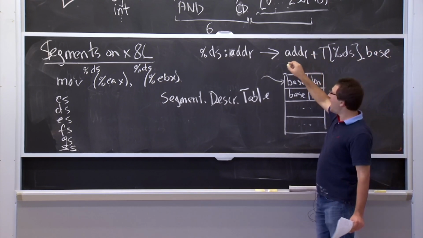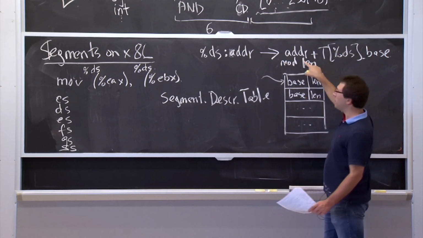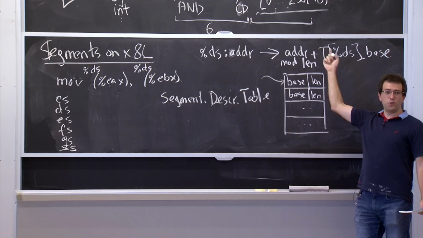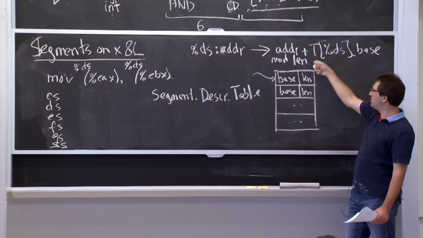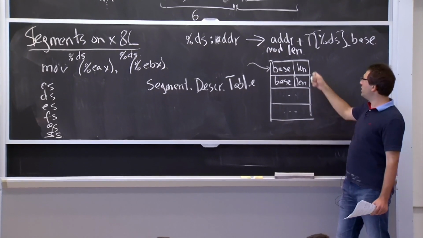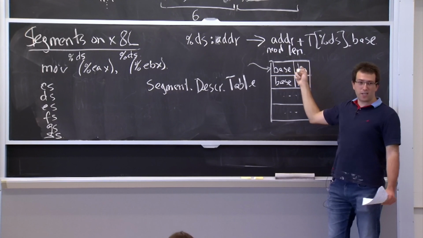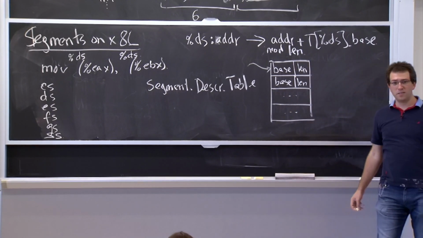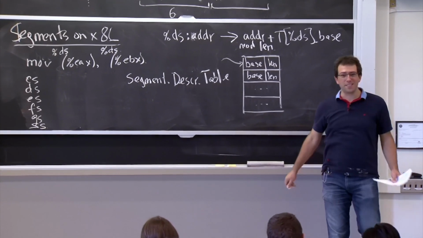And it'll actually take the address modulo the length from the same table. So whenever you're doing a memory access, it's going to add the base of your segment descriptor table entry, and take the address that you're actually specifying and mod it with the length of the corresponding segment. Does this make sense? It's a little Baroque, but that's what the hardware gives us.